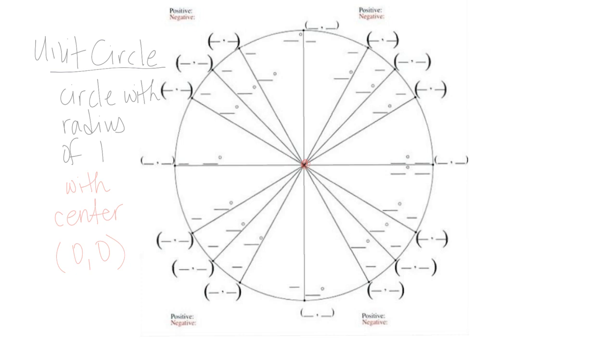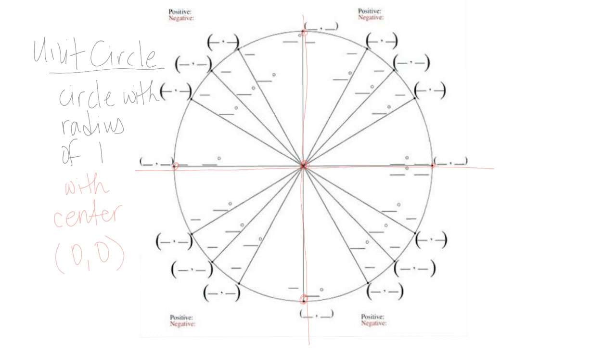To start though, when I look here at my coordinate plane, and my radius is 1, I can figure out these points. These are terminal points. We already learned terminal points. They are points on the terminal side of an angle. So these terminal points that we're going to pick out from the unit circle all lie on the circle itself.